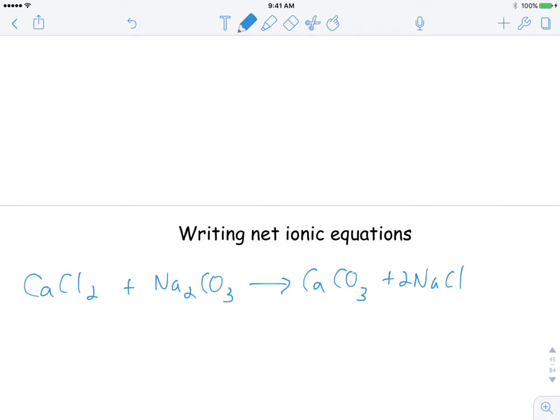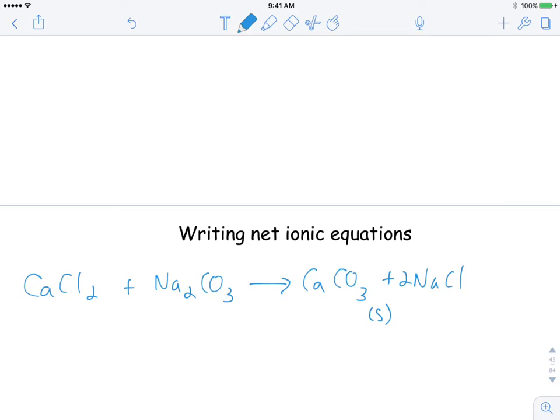Now, if I know my solubility rules, then I will know that this calcium carbonate is solid, and so a precipitate has formed. But now I need to see, well, what are the ions involved in forming this precipitate? And that's where doing a net ionic equation is so important.